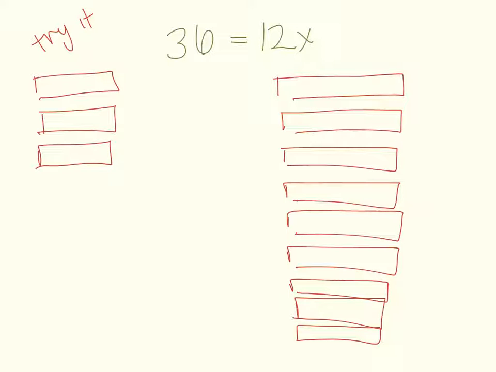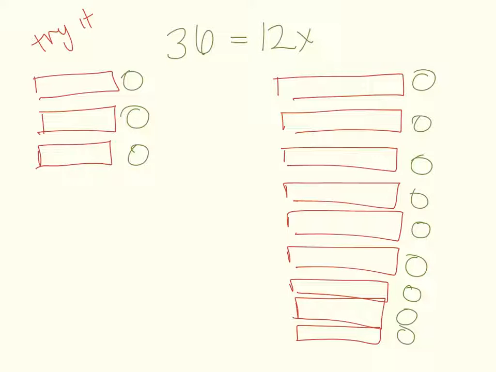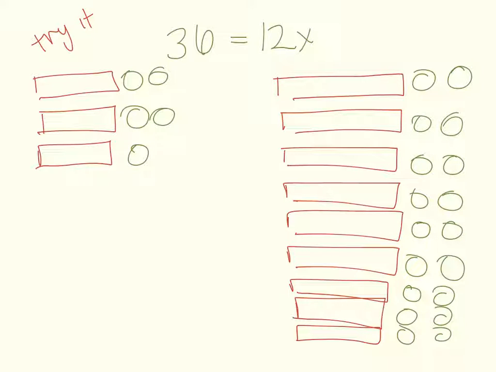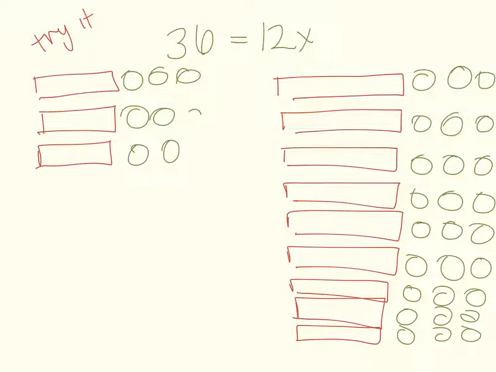I'm just going to kind of go wonky. I'm going to go 1, 2, 3, 4, 5, 6, 7, 8, 9, 10, 11, 12. And remember, I'm going all the way up to 36. 13, 14, 15, 16, 17, 18, 19, 20, 21, 22, 23, 24, 25, 26, 27, 28, 29, 30, 31, 32, 33, 34, 35, 36.